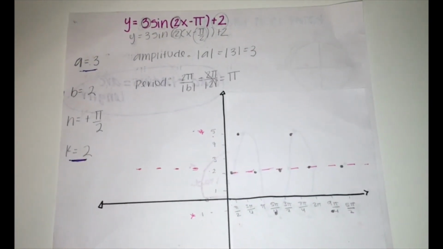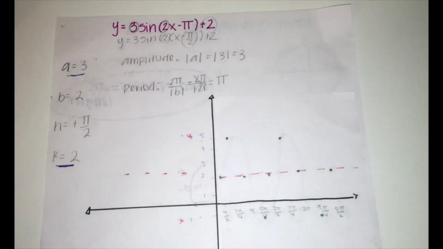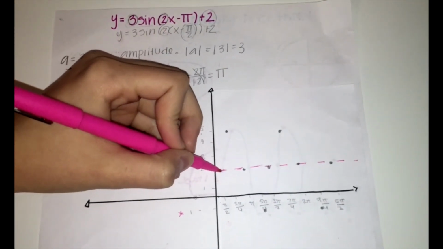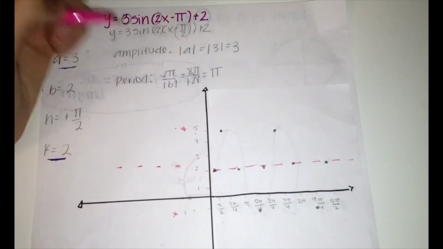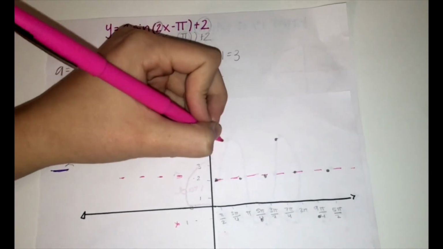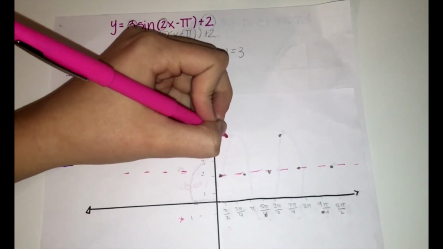All right, so since it is a sine graph, we can assume that it will start at its axis. So it'll start right here. And next, since it is a positive a value, we're going to travel up to the maximum.